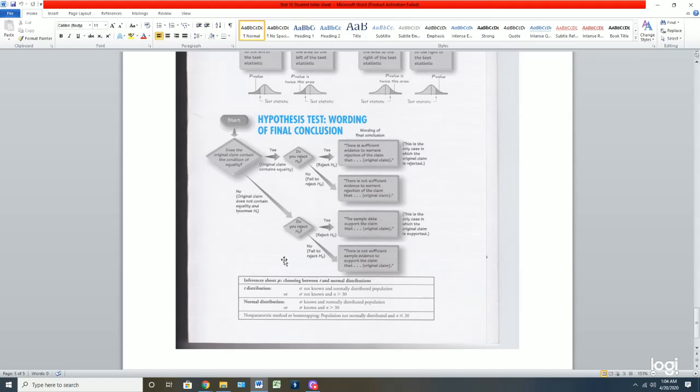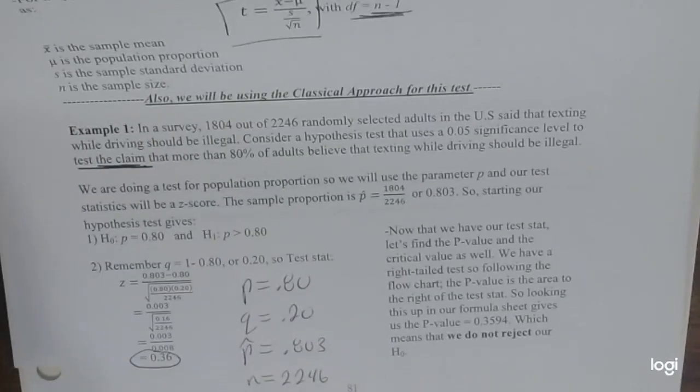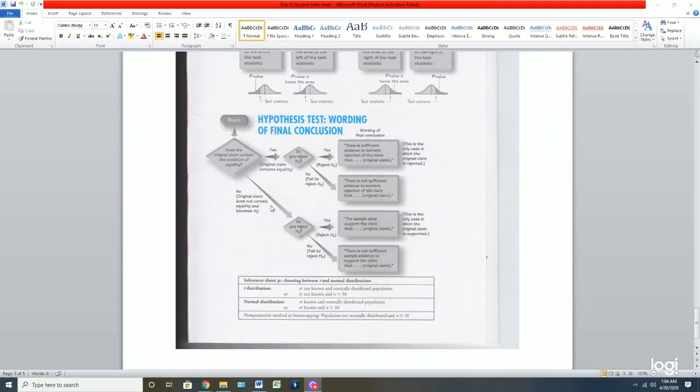So in this case, the first step is, does the original claim have equality? And no, it does not. It says more than. More than does not say equality. So we say no. Next step, do we reject or do not reject? In this case, we do not reject, so fail to reject. So we should be in box 4.